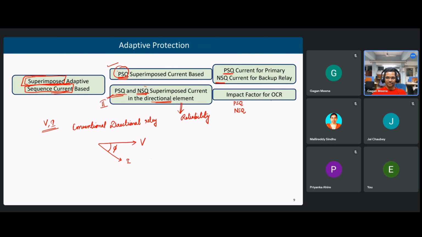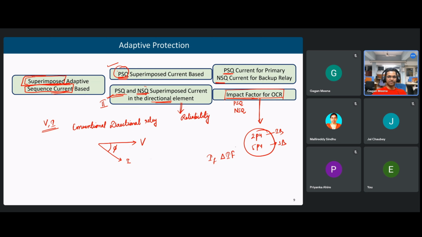Also, here we are considering the impact of the type of DG. This impact factor in the overcurrent relay settings will be able to factor in the 2 per unit and 5 per unit limitation of fault current in the inverter-based and synchronous-based DG. So the fault current will be multiplied by this impact factor.